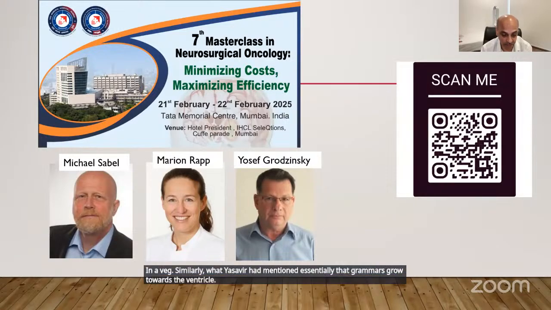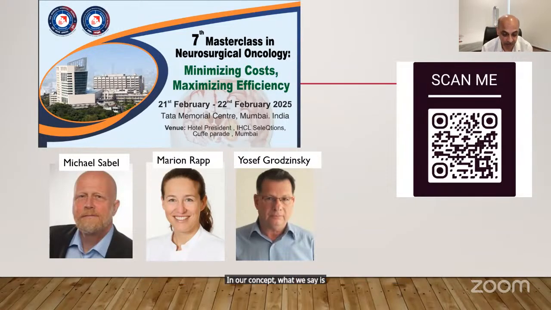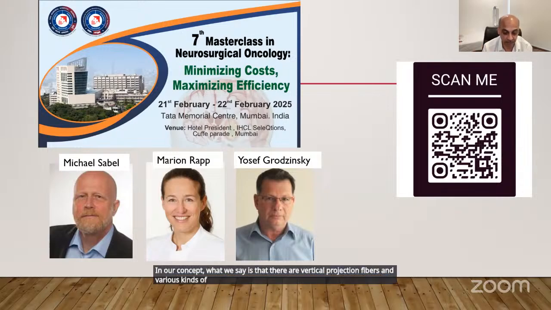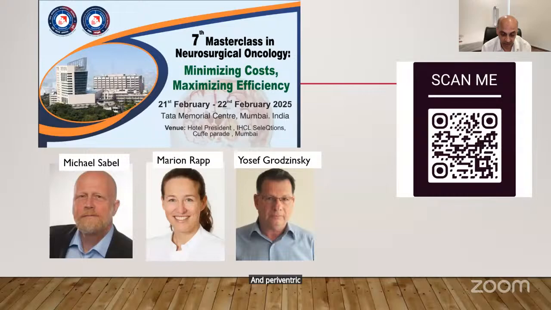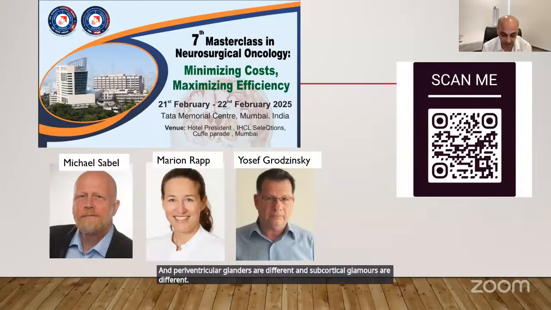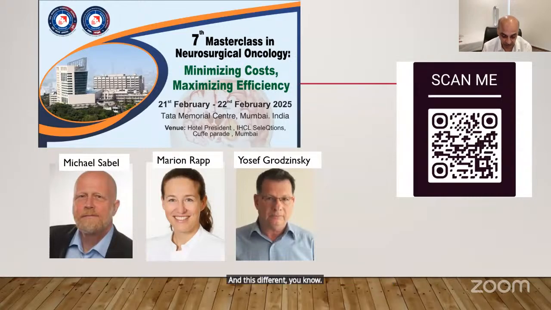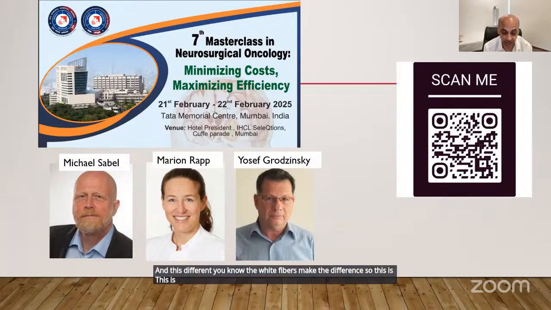In our concept, what we say is that there are vertical projection fibers and various kinds of corpus callosal fibers which prevent the flow of gliomas towards the ventricle. And periventricular gliomas are different and subcortical gliomas are different. The white fibers make the difference. So this is the concept which is in variation from what Yasargil had described.